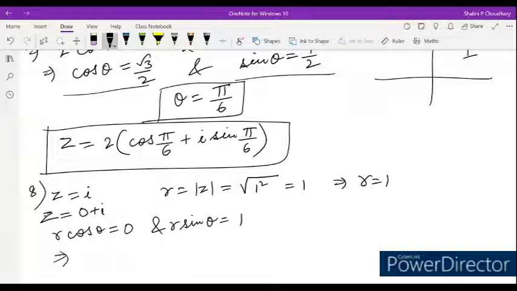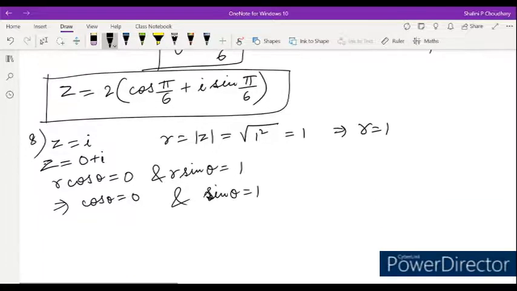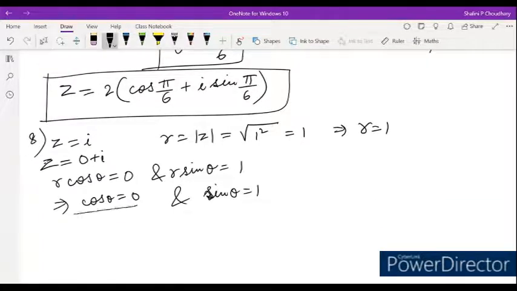Okay, so r is equal to 1, so cos theta will be equal to 0 and sin theta will be equal to 1. Sin is 1 at 90, and cos is 0 at 90, and sin is positive, it means first or second quadrant. Okay, so theta will be equal to pi upon 2.